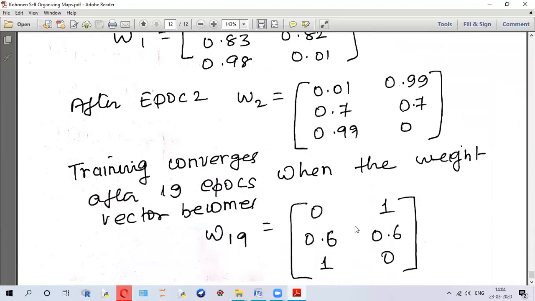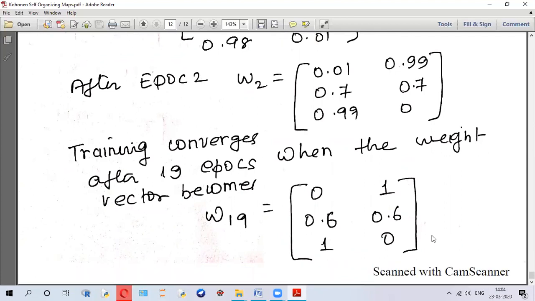So what we have seen after 19 epochs is that the weight vector becomes of this nature, and there is hardly any change from W18 to W19, because W18 and W19 are almost the same set of values. So we can assume that the convergence has been reached.